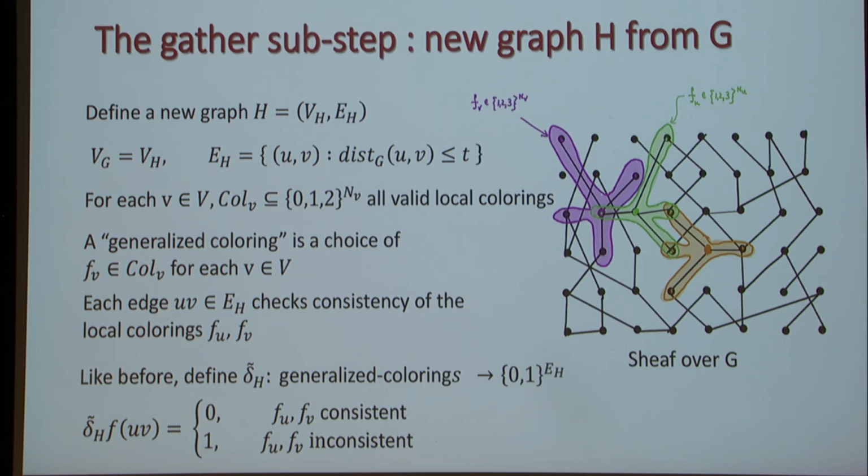Any more questions? Yeah, the parameter t. How does it work? Right, so t is like the radius of this ball. And for the analysis, you want t to be a bit big, like 100 or 1,000. But it's some constant. It depends on the expansion of the graph and stuff like that. What's limiting it?